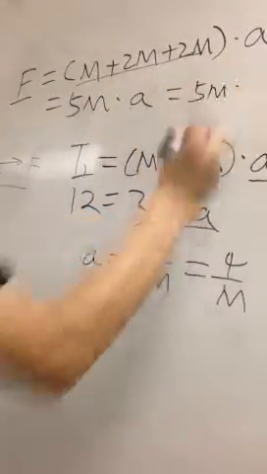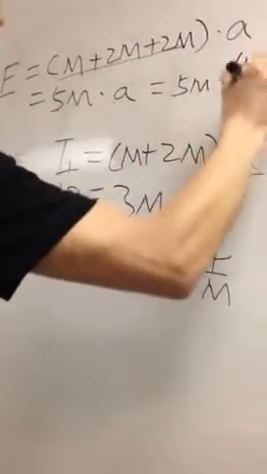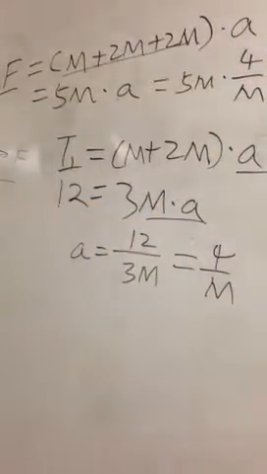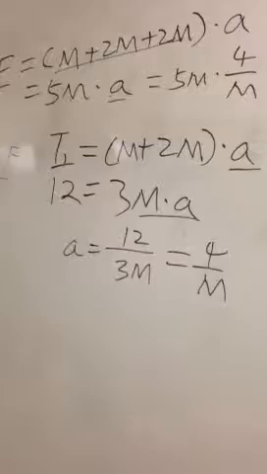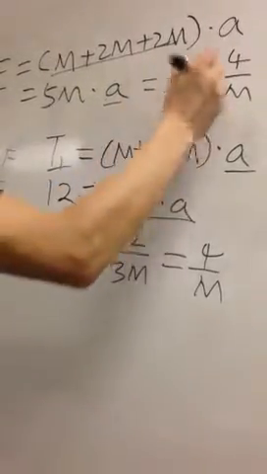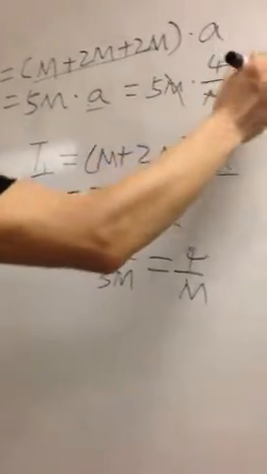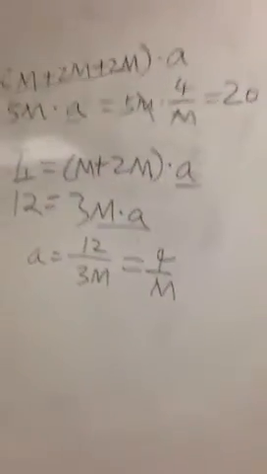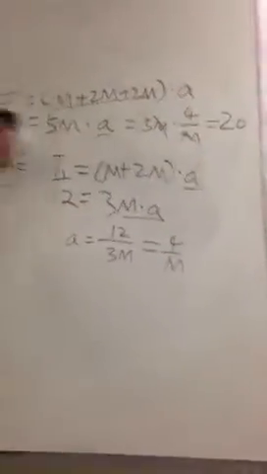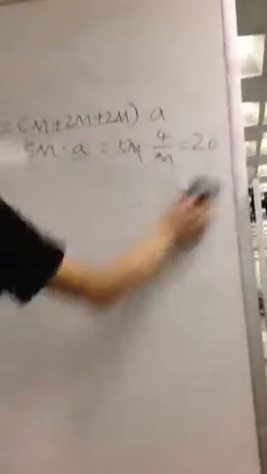So 5M times 4 over M. Oh, okay. So the M's cancel. Yes, and it'll be 5 times 4. So it's 20. I got it. It's just a calculation. If you got the concept, it should be easy.